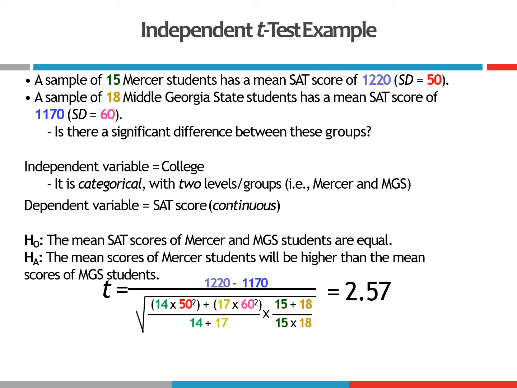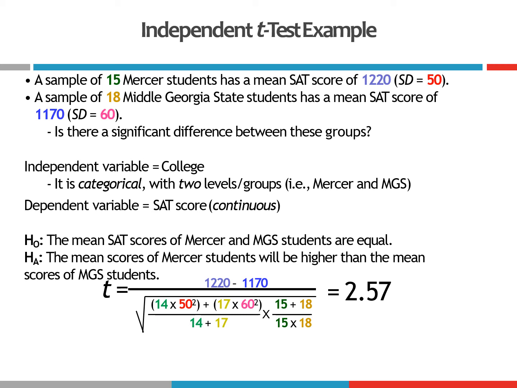And I plugged in 14 for the degrees of freedom for group 1, which is Mercer students. So if we have a sample of 15, the degrees of freedom for group 1 is going to be 14.